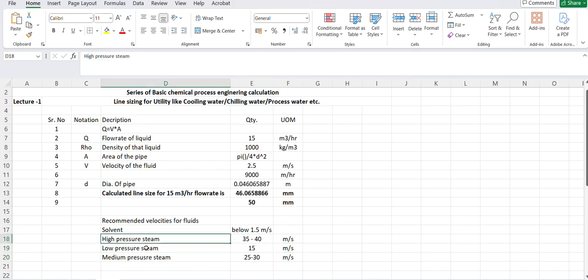High pressure in the sense 10 bar G. I will write here, otherwise you guys can get confused.